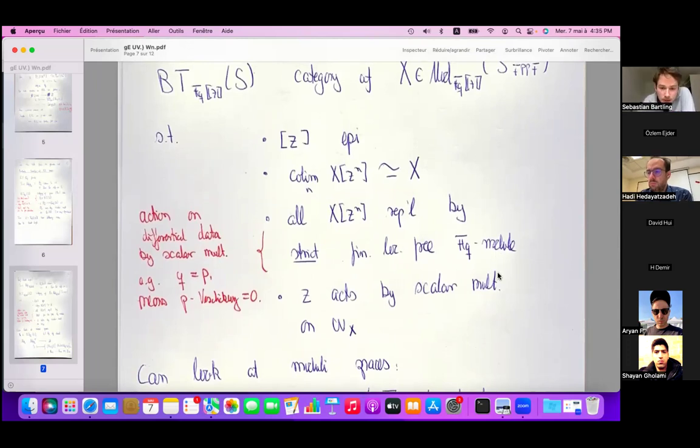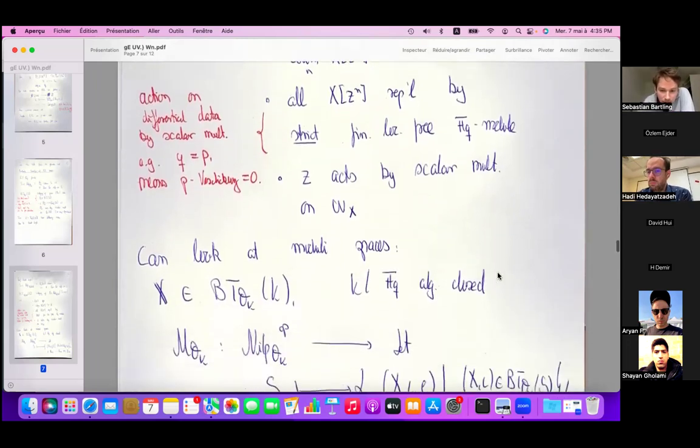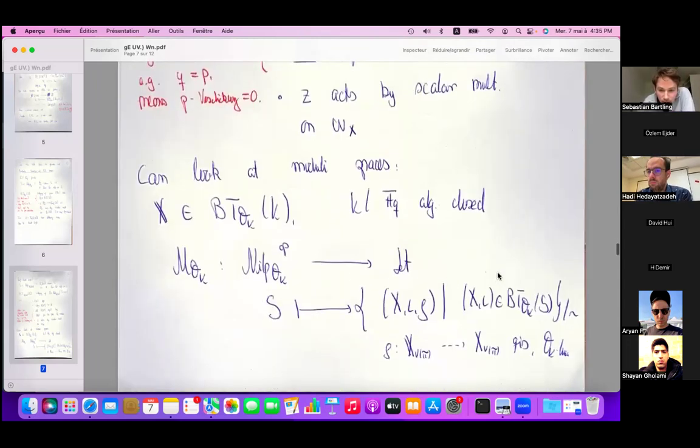And so now let's define the moduli problem. These are the Rapoport-Zink or Hartl-Viehmann spaces. For this, I fix a point X in BT_{O_K}(k), where k over F_q is algebraically closed.